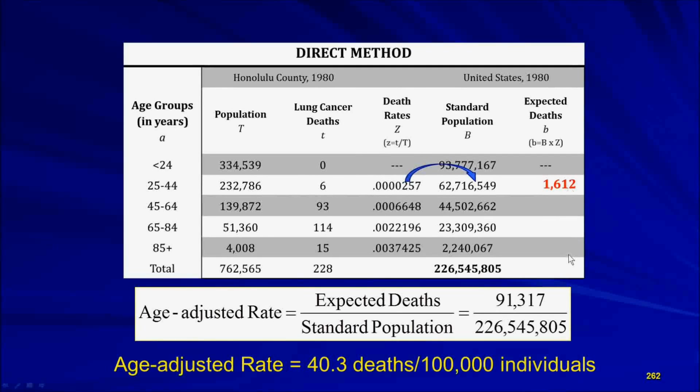Now we're going to do this in each and every case. Just watch how we're going to do it. We're multiplying the two numbers together and we come up with a value. We're going to do that again, and come up with a value. You can go back and do this to confirm it. And ultimately we come up with the total.